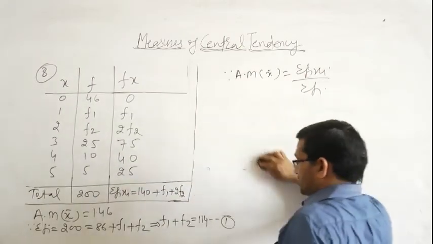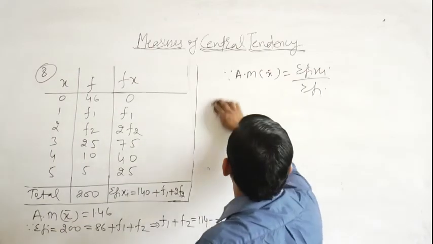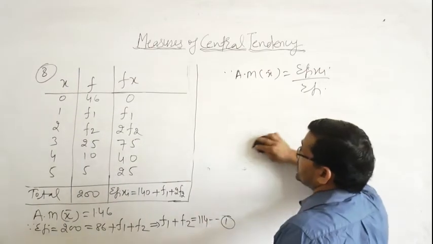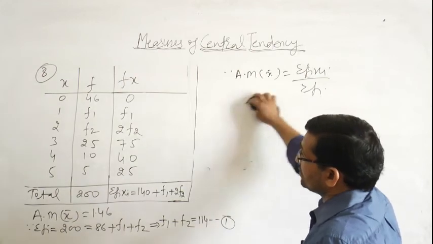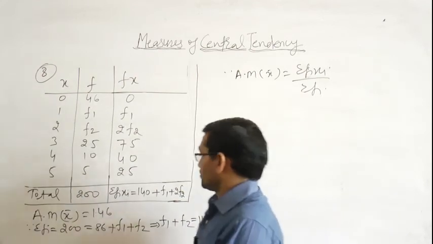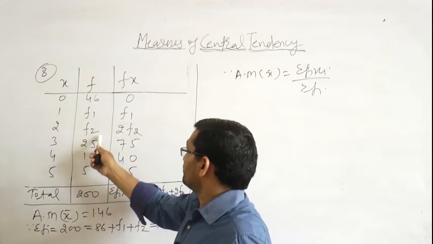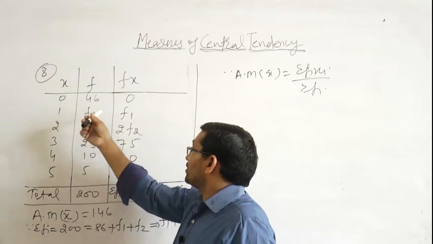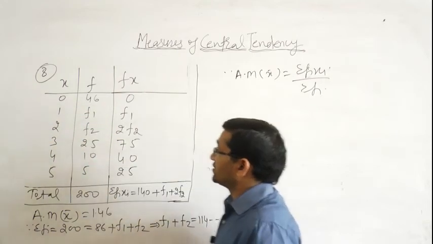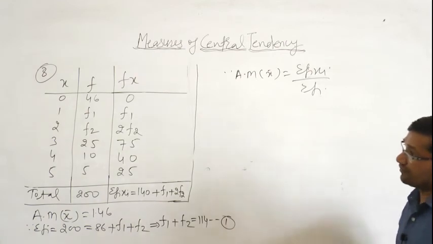Question number 8 is also the same as question number 7, but the difference is that in this question we want to find two frequencies, f1 and f2.